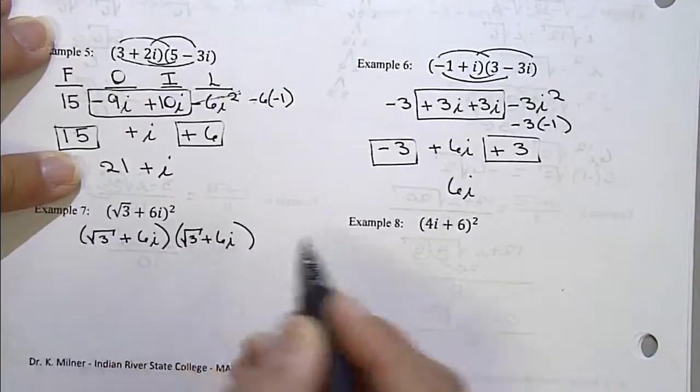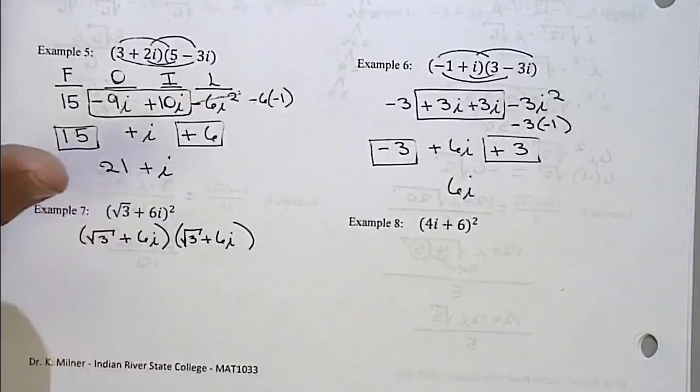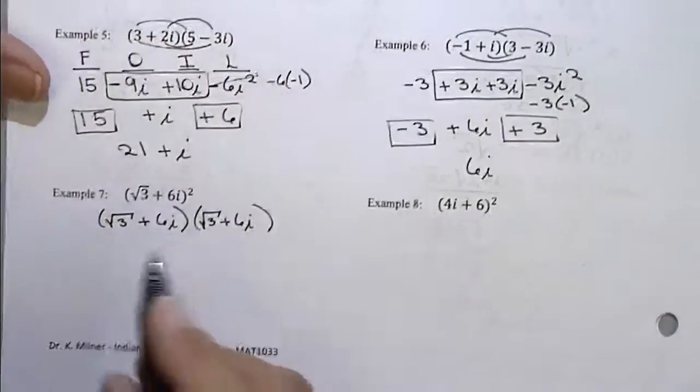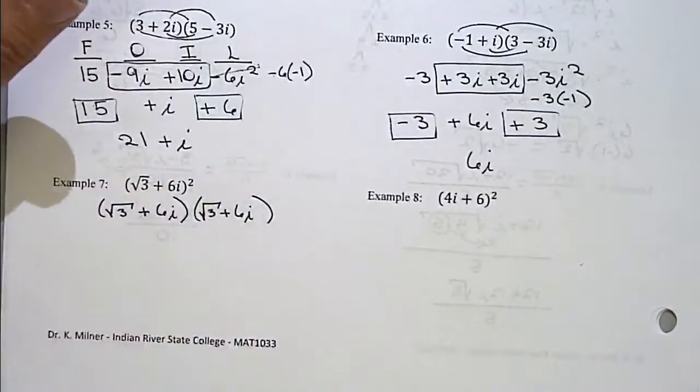Are these conjugates of each other? It's not a trick question. No, it's not, right? So there are going to be inside terms that don't cancel each other out. Conjugates would, but this is not a conjugate. So I'm going to square by multiplying by FOILing. Okay, go ahead and do that one.